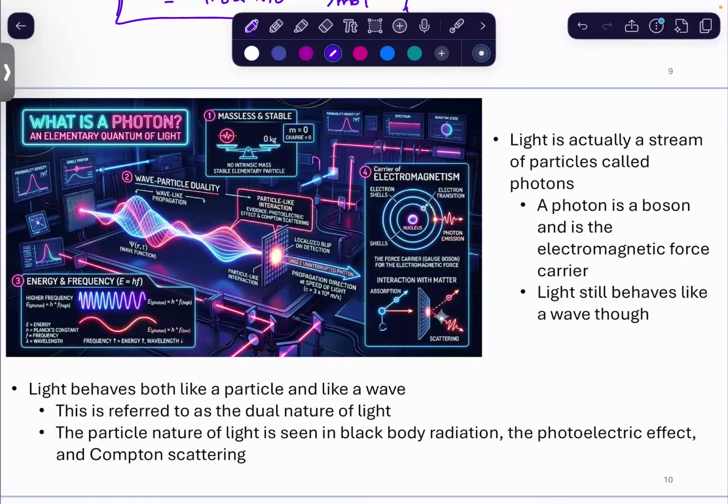You have these fields of bosons propagating through all of space-time, and every molecule, every atom in your bodies and in all matter is constantly being bombarded with these fields. Because you're being bombarded with them, you're able to experience forces, like being bombarded by the Higgs boson field, you're able to experience gravity. But even though light is a stream of particles, it still behaves like a wave. So it's a wave and it's a particle.